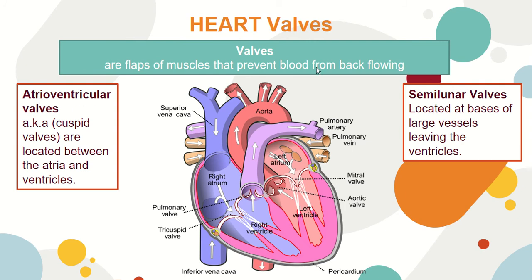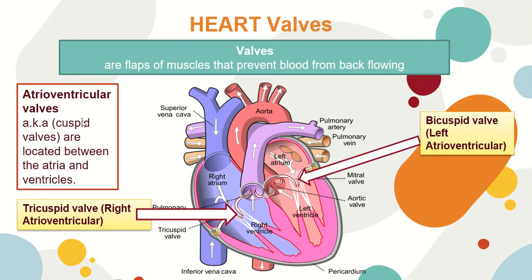So, what is the difference between the two? When we say atrioventricular valves, also known as the cuspid valves, they are located between the atria and ventricles. So, located between the atria or atrium and ventricles. And semilunar valves are located at the bases of large vessels leaving the ventricles.